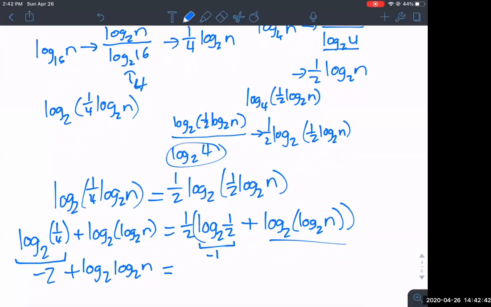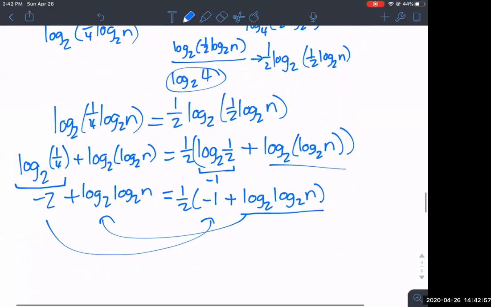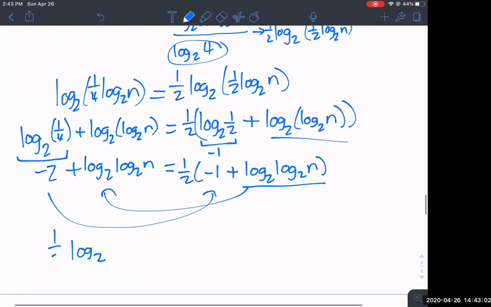This one's just -1, so we have 1/2 times -1 plus log 2 log 2 n. Let's move this over here and this over here. We have 1/2 log 2 log 2 n is equal to 3/2.